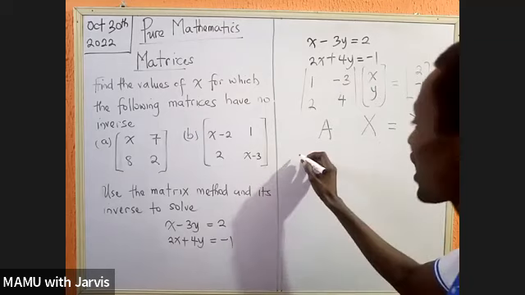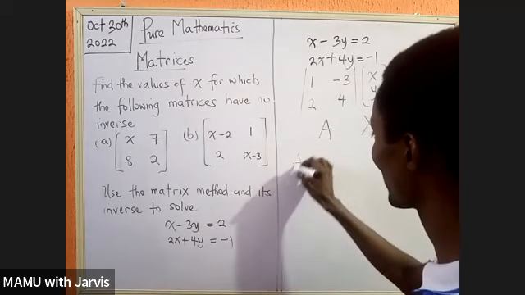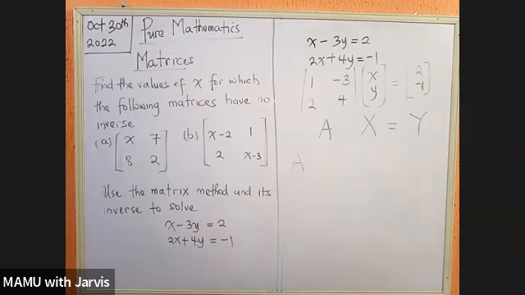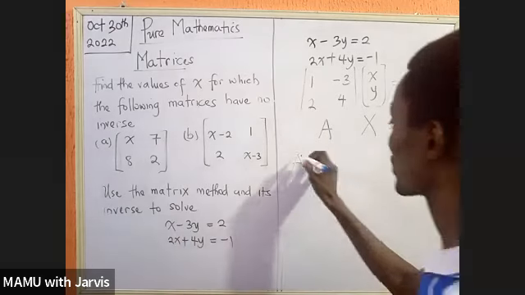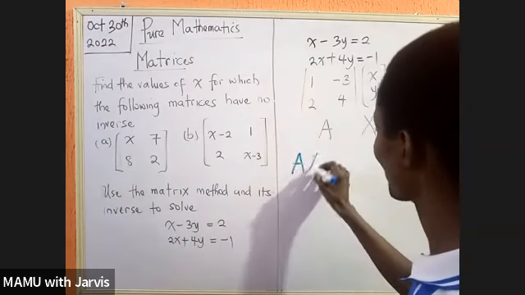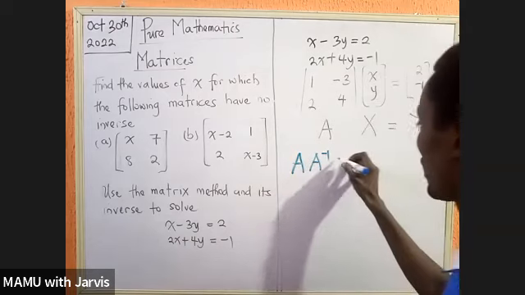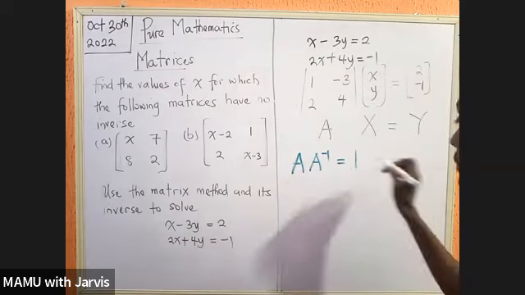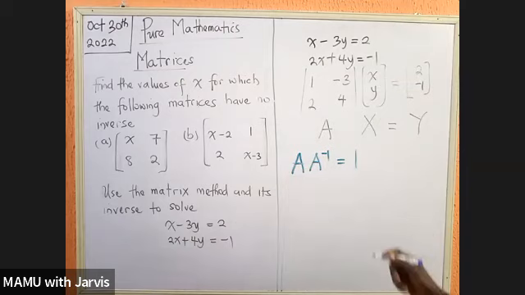Now, there's a formula that says the matrix times its inverse is equal to 1. The matrix times its inverse is equal to 1.